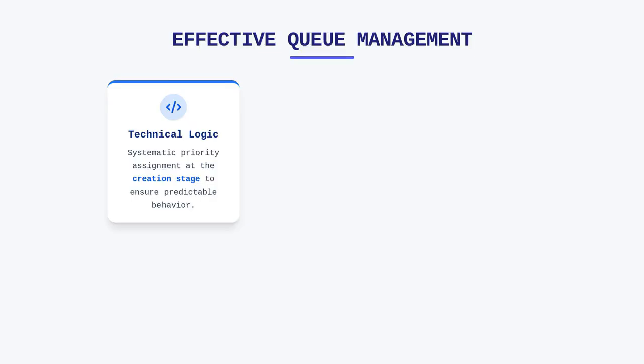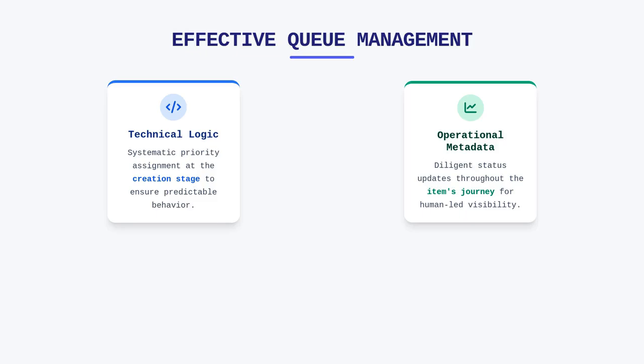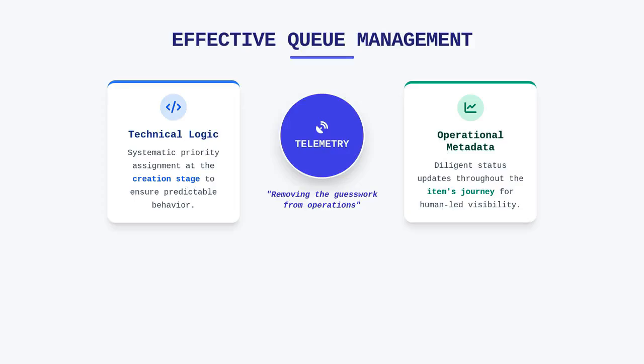Effective queue management is a balancing act between the technical implementation of logic and the constant observation of operational metadata. By systematically assigning priorities at the creation stage and diligently updating the status throughout the item's journey, you provide the necessary telemetry to satisfy both automated and human-led business processes.